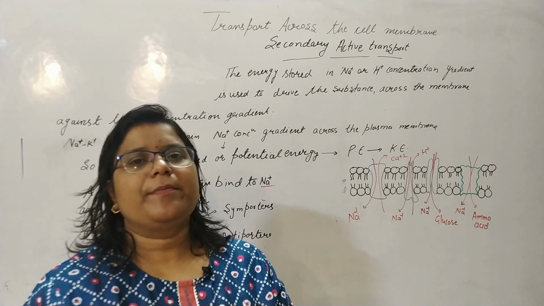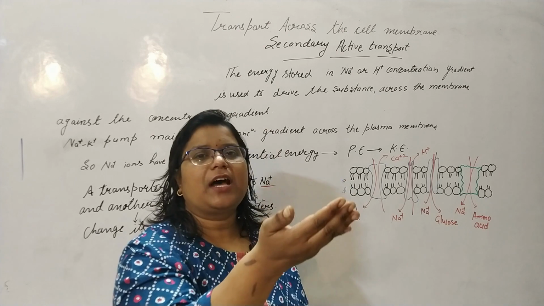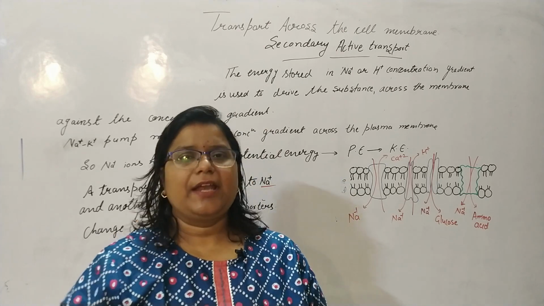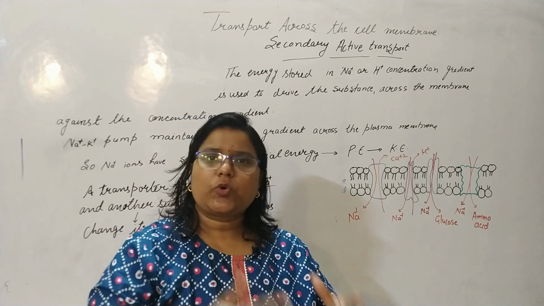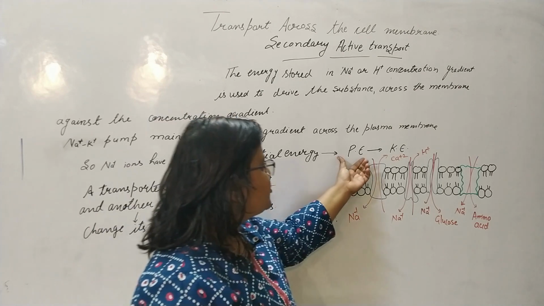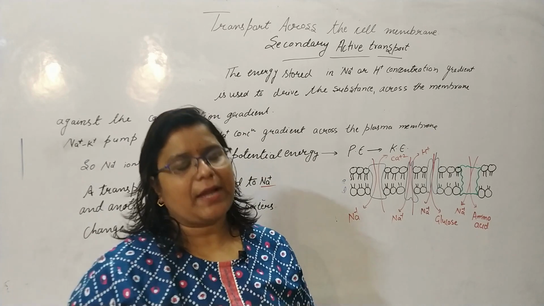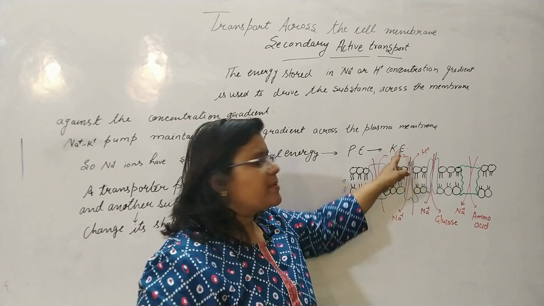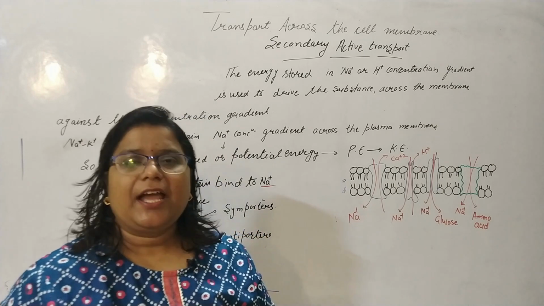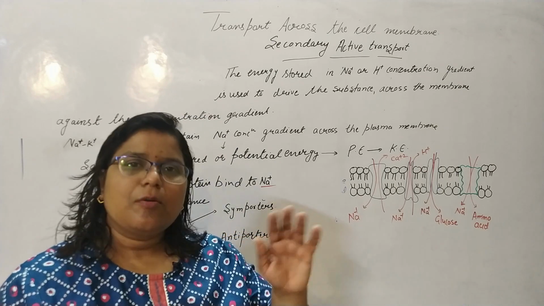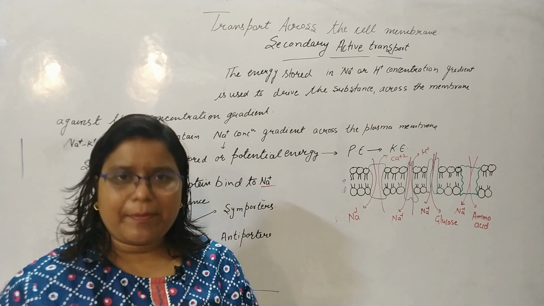As the sodium ion concentration is higher on the outside, it leads to secondary active transport. The sodium concentration stores energy in the form of potential energy, and this potential energy is converted into kinetic energy, KE, and this kinetic energy helps to drive substances or ions to move in or out of the membrane.